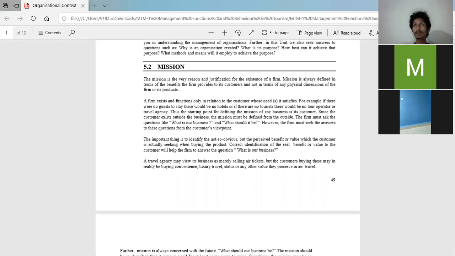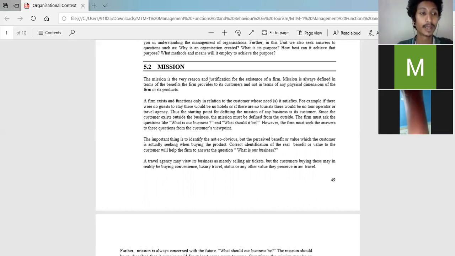It is defined from the outside, like at which industry you are working. Like when you started in the MTTM1 paper, it was the responsibility of the professional managers towards the industry and the competition. So that is your industry, that responsibility, that is defined by the mission.